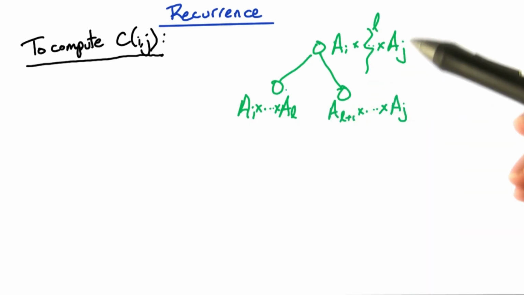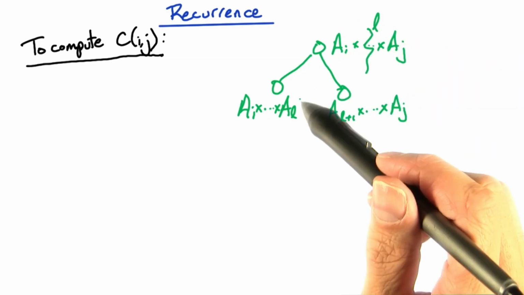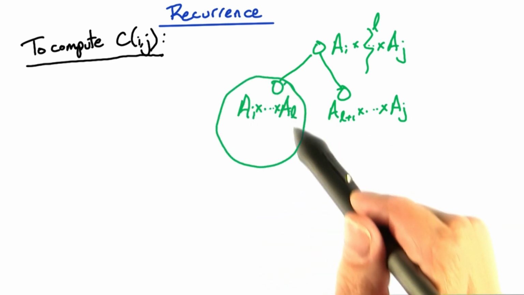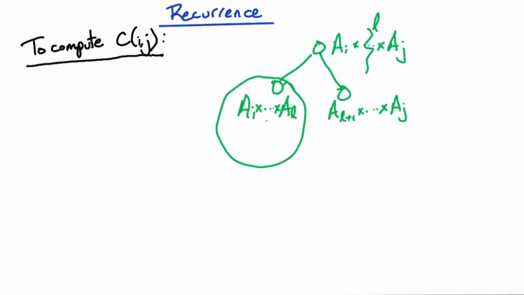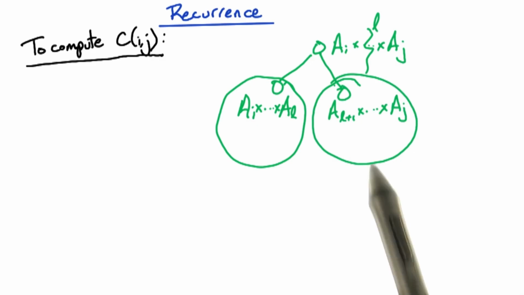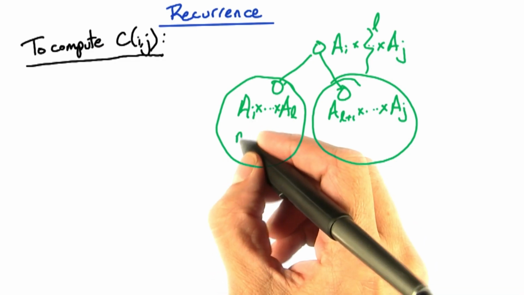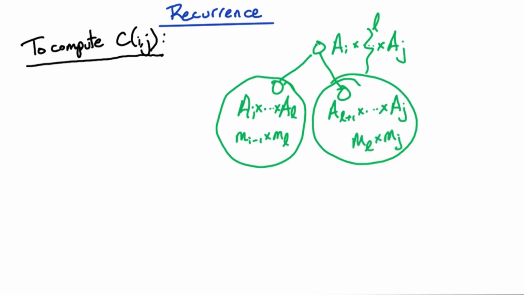How is our recurrence going to work? We're going to try all possibilities for this index L for the split, and then we're going to look up in our table the minimum cost for computing this subtree, which corresponds to a smaller substring. And we're going to look up in our table the minimum cost for computing this subtree, and then we're going to combine those together. How much does it cost to combine them together? Well, this matrix is of size m_{i-1} by m_L, and this matrix is of size m_L by m_j.